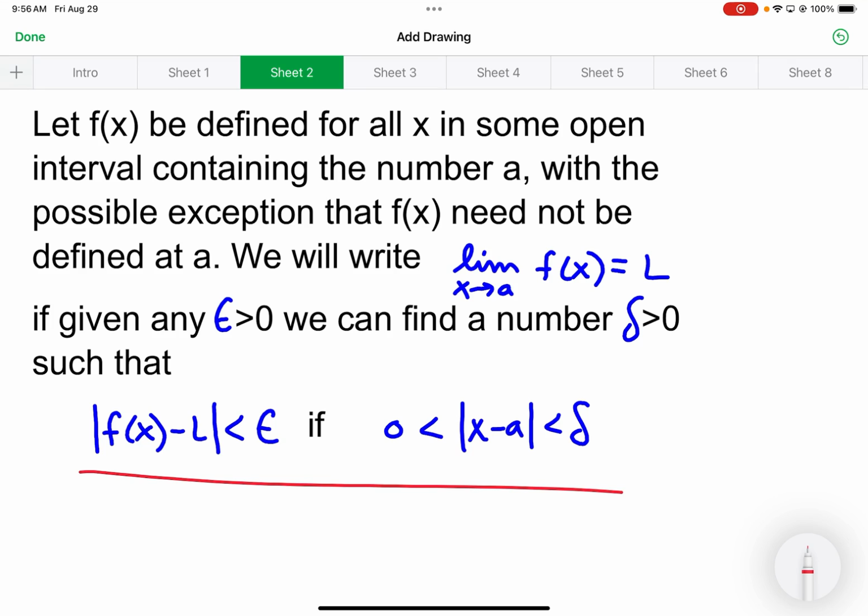Let f of x be defined for all x in some open interval containing the number a, with the possible exception that f of x need not be defined at a. We will write that the limit as x goes to a of f of x equals L if, when given any epsilon greater than 0, we can find a number delta greater than 0 such that the distance between f of x and L is less than epsilon if the distance between x and a is less than some positive number delta.